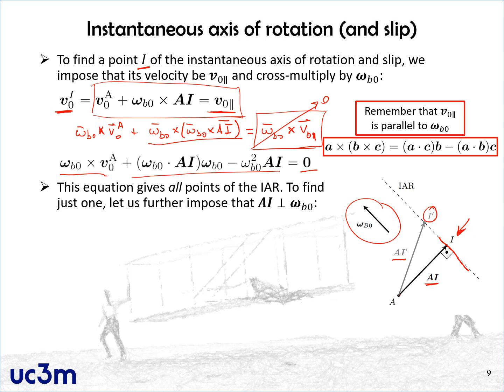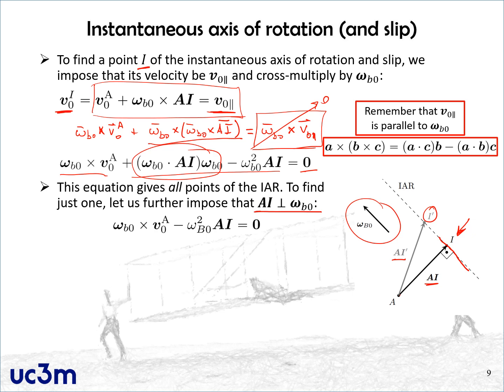So what happens if we select that particular point? Well, in that case, since AI is perpendicular to omega b0, this first term that comes out of the double cross product will vanish. And that's okay. This is perfectly fine. We are just looking for one point of the instantaneous axis of rotation. So let us just pick the simplest of them.